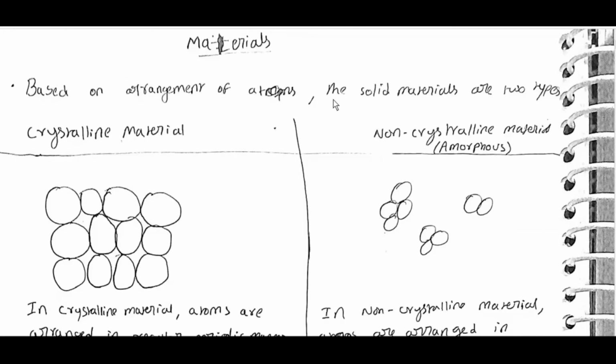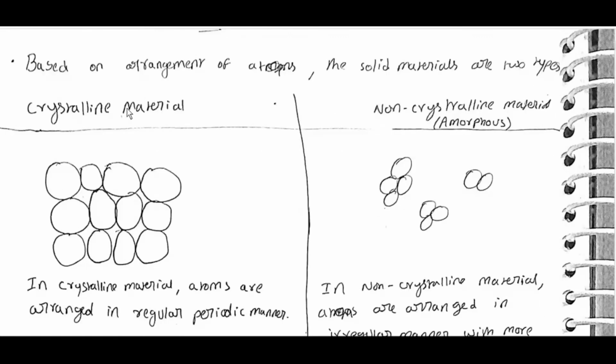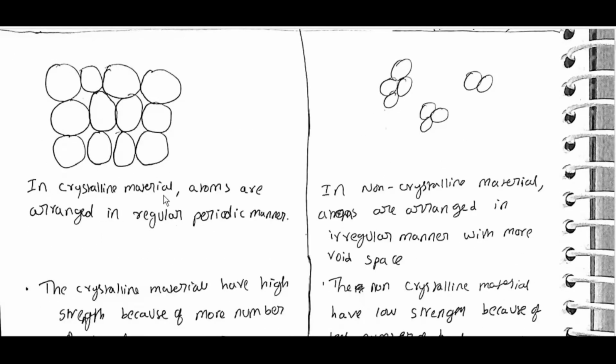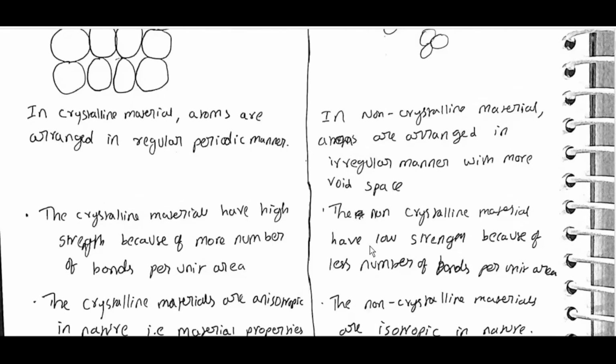Materials. Based on arrangement of atoms, solid materials are of two types: crystalline material and non-crystalline or amorphous material. In crystalline material, atoms are arranged in a regular periodic manner. In non-crystalline material, atoms are arranged in an irregular manner with more void space.